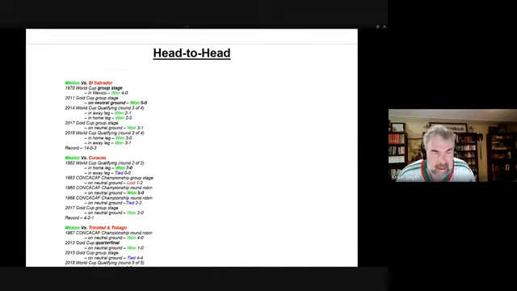So Mexico and El Salvador first met in 1965. Their first significant meeting was, believe it or not, in the 1970 World Cup group stage. I'm not sure why they would have 2 CONCACAF members in the group stage, but Mexico was host and they won 4-0.